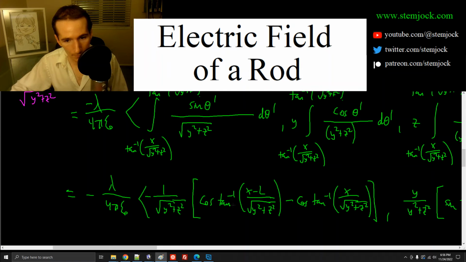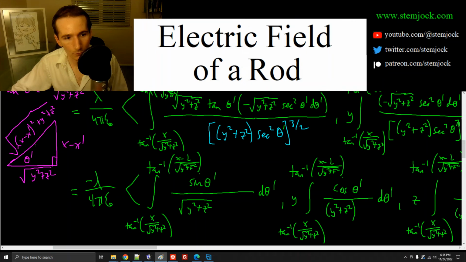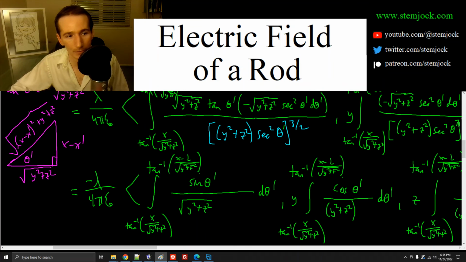So the cosine is going to be the adjacent over the hypotenuse here. In place of x prime, I'm going to put L for the first term, and for the second term, I'm going to put x prime equals 0.